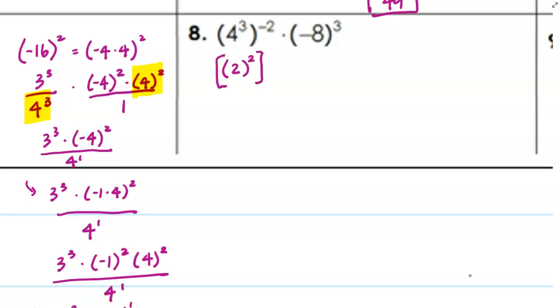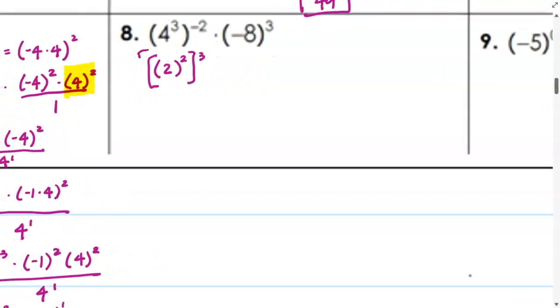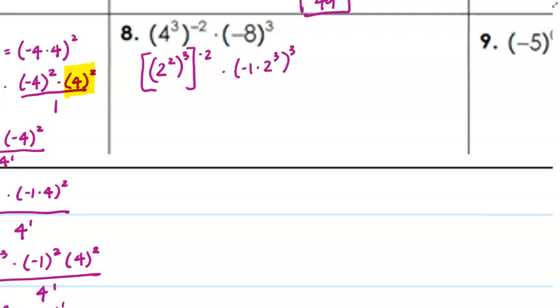Now I'm going to apply the 3 to it, and then, oh, I have to put another bracket. I kind of don't want to do that. Let's just do it like this. 2 to the second, raise this to the third power, and then raise that to the negative 2. And then, I could separate out a negative 1 times 2 to the third power, raise it to the third.